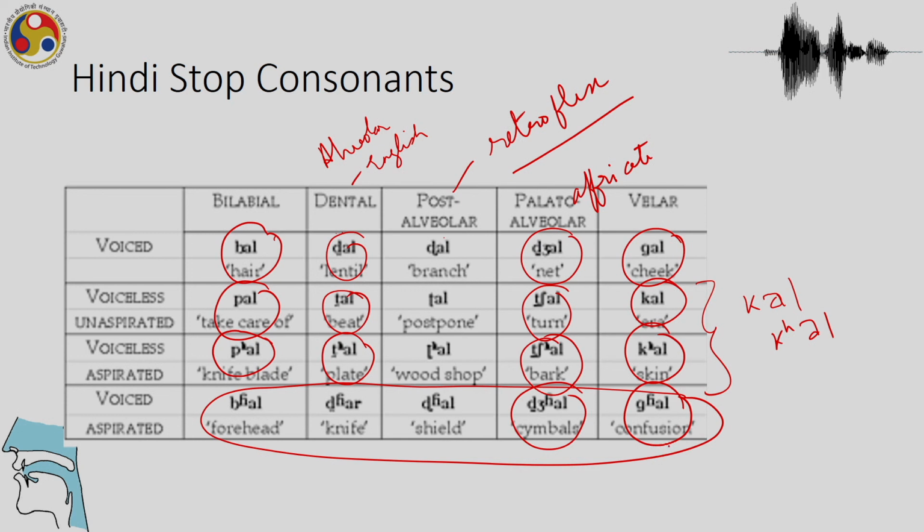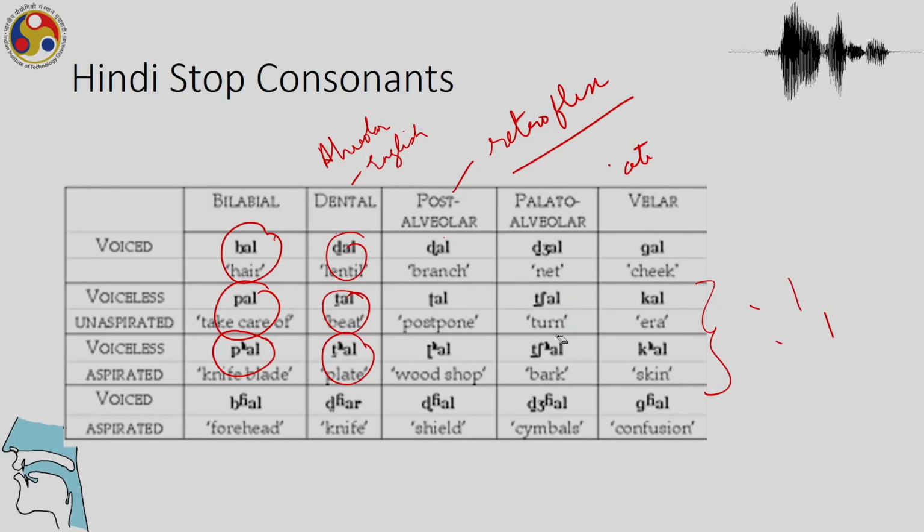Finally, we also have the voiced aspirate here, which I mentioned just now. I would again like to emphasize these voiced aspirates are commonly seen in South Asian languages, and therefore this is not there in English.